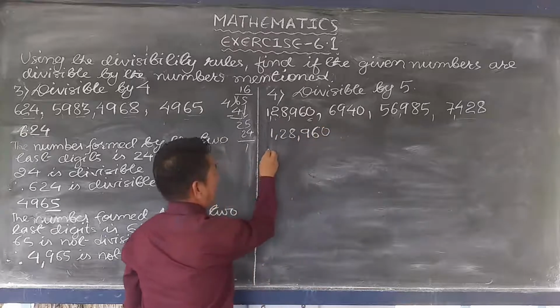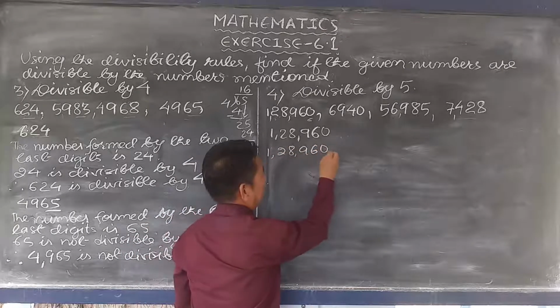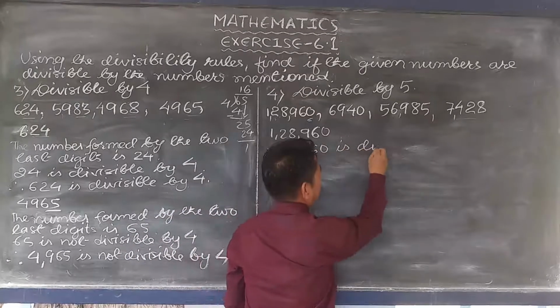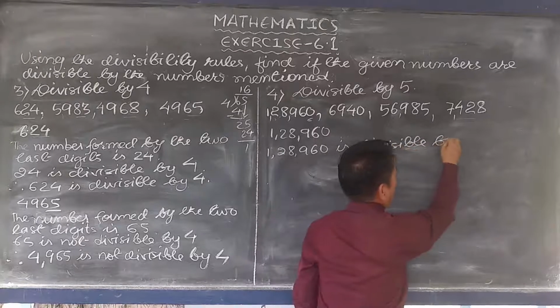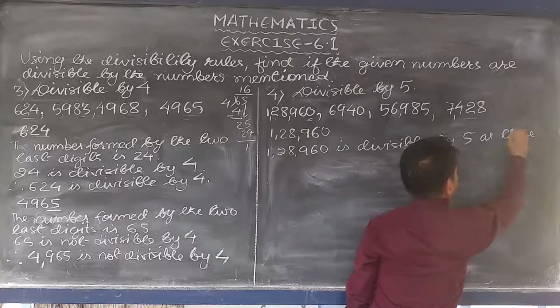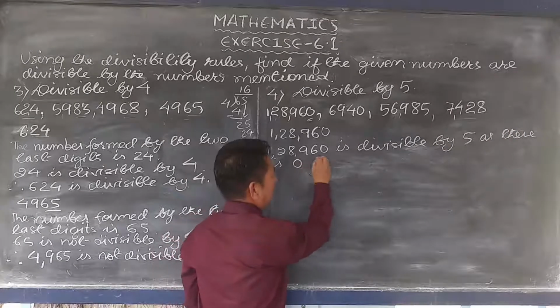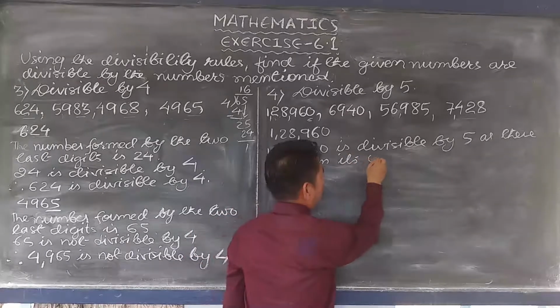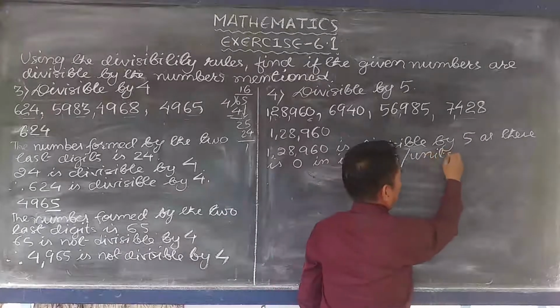1,28,960 is divisible by 5 as there is 0 in its ones or units place.